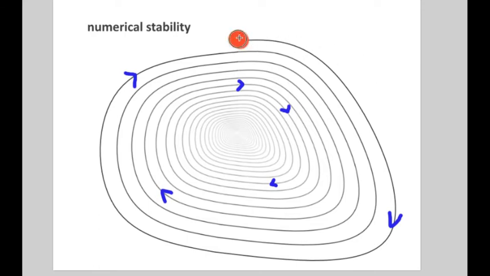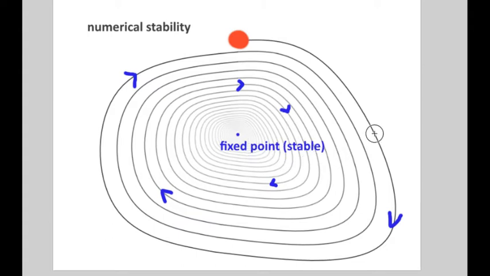If we follow the arrows, over time, no matter what error you have, so we started with a big error initially, as we move forward in time the error gets smaller and smaller and smaller, until it hits the middle point.